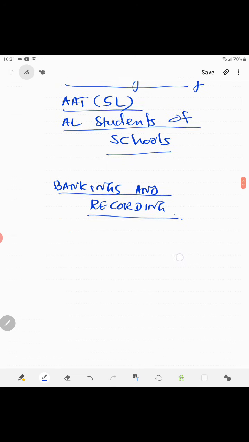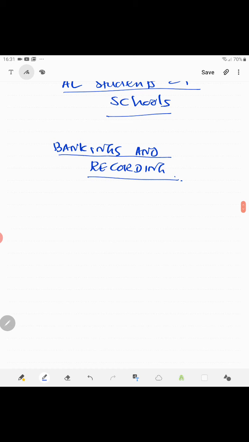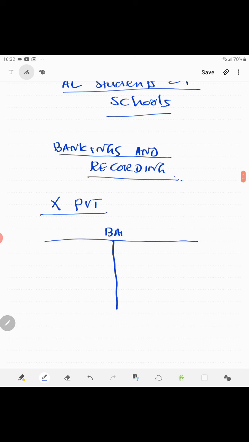If you assume that we represent a company, let's say I represent company X Private Limited, in company X Private Limited I will have my own cash book, which we generally call the bank book.